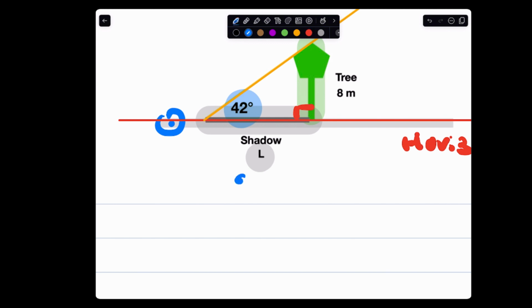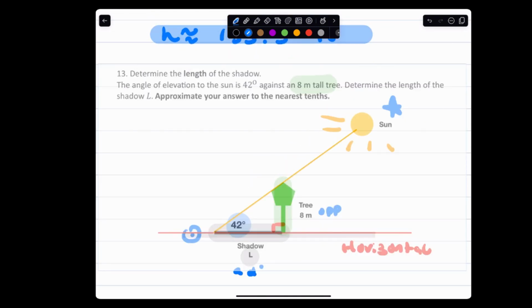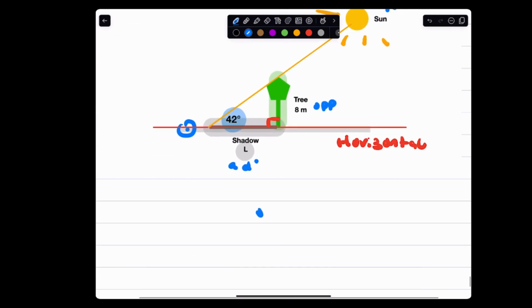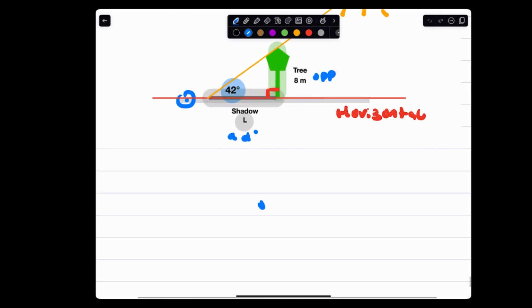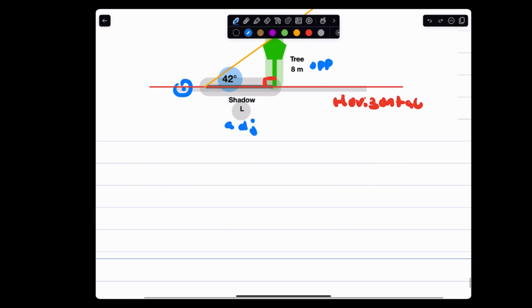We have adjacent over the opposite side. What ratio? Tangent. Tangent of 42 degrees equals 8 over the letter L.